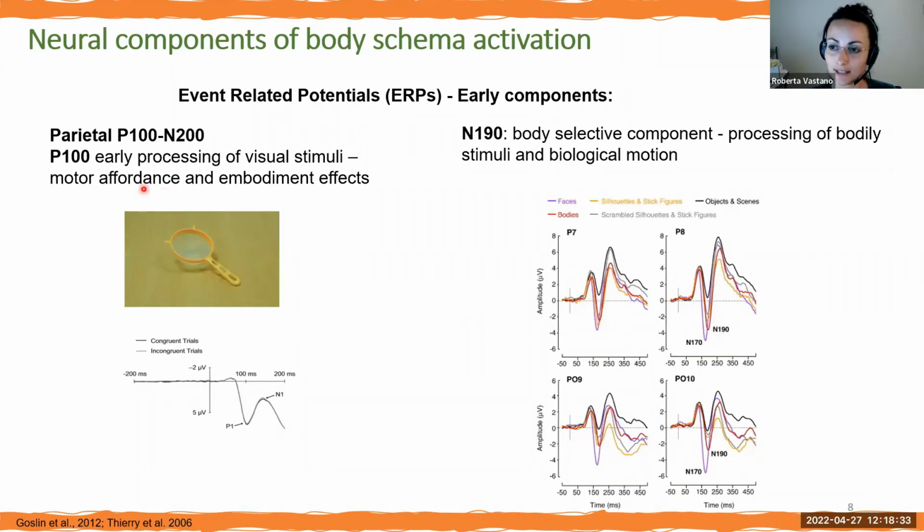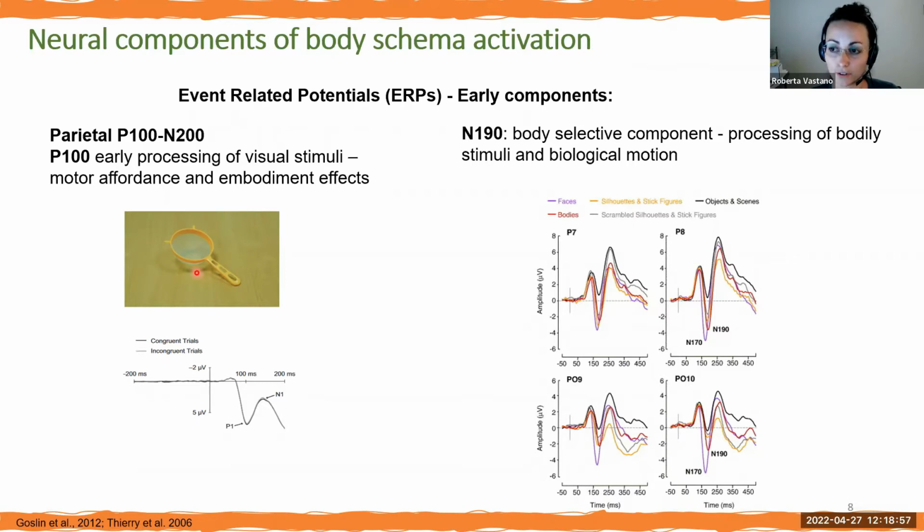So a parietal P100 is a positive peak that is usually seen in parietal or occipital areas. It's usually sensitive to any visual processing, but what's interesting is that this has been observed also for the processing of particular stimuli that evoke some embodiment effects or motor affordance.